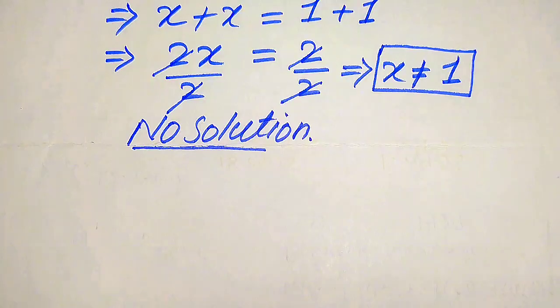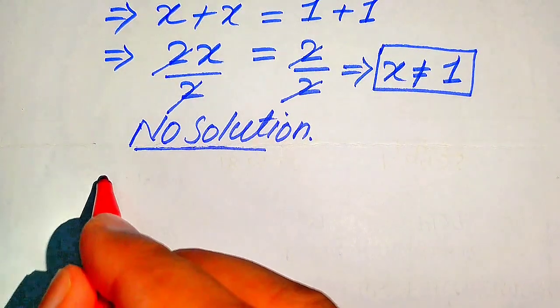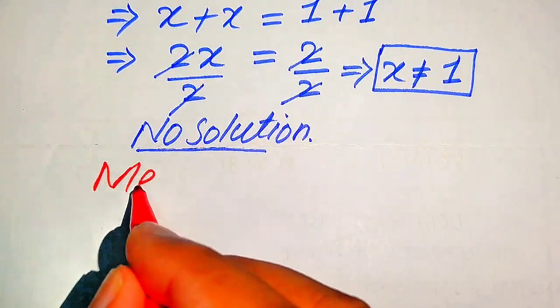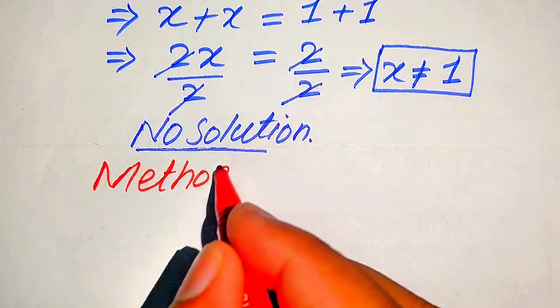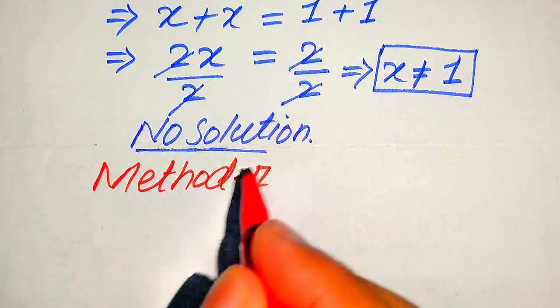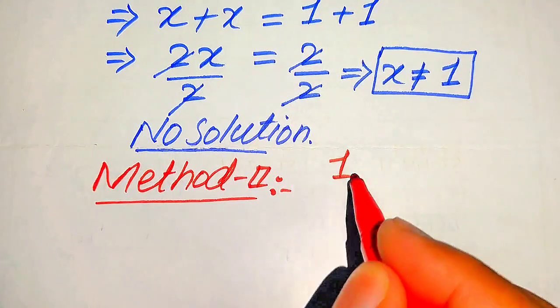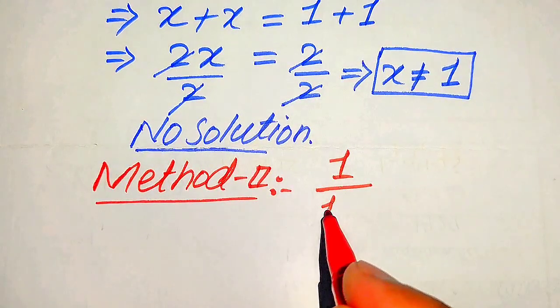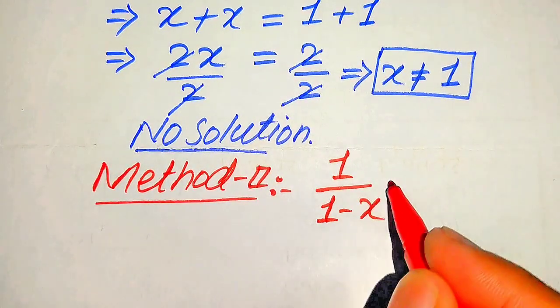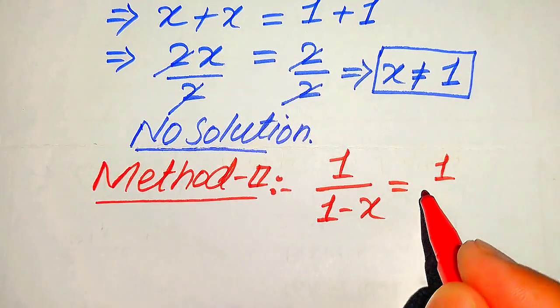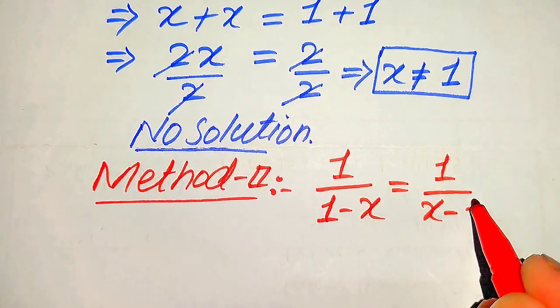Now in the next method, we again solve this problem. In the second method, we first copy down the given equation: 1 over 1 minus x is equal to 1 over x minus 1.